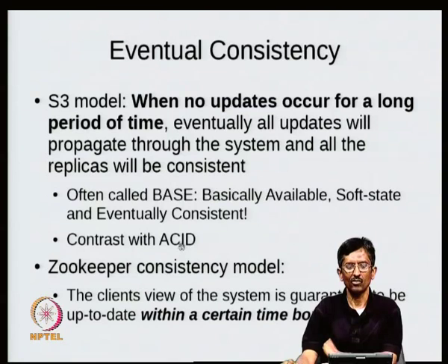What is I? I is isolation. Isolation basically means that if you have multiple concurrent transactions, even if each of the transactions are reading and writing things concurrently, whatever be the effect of execution of all these concurrent transactions, it should be equivalent to some serial execution. That's what isolation is.